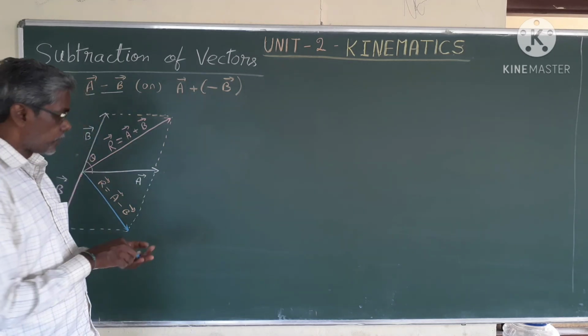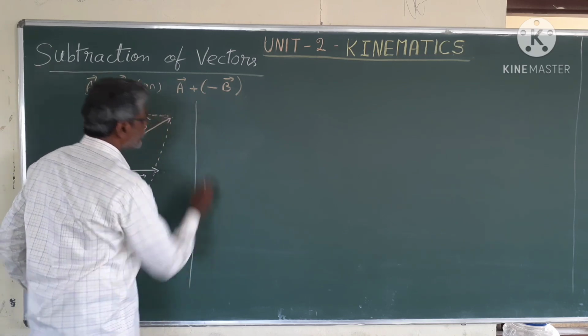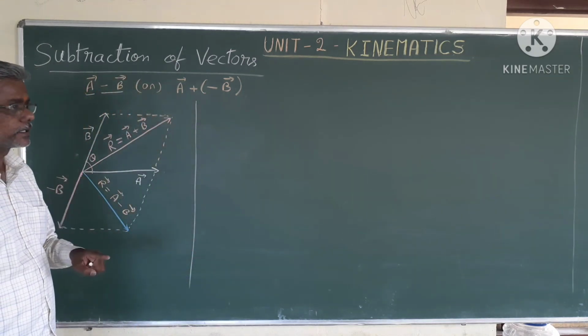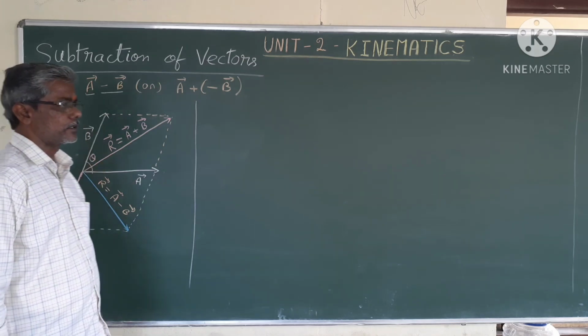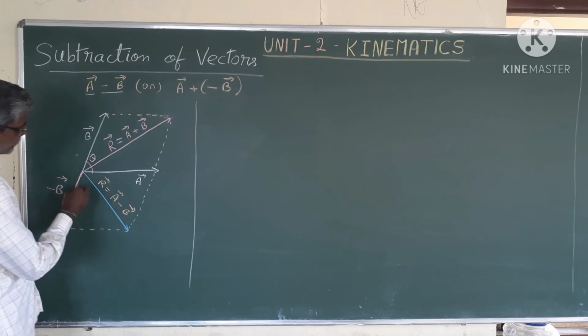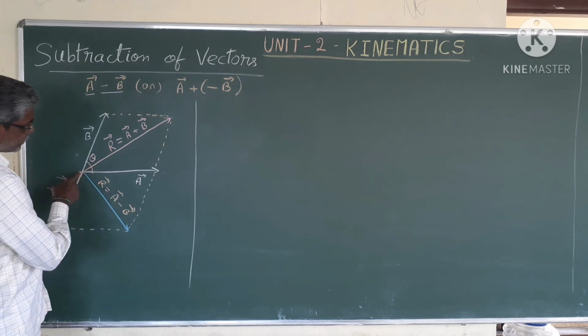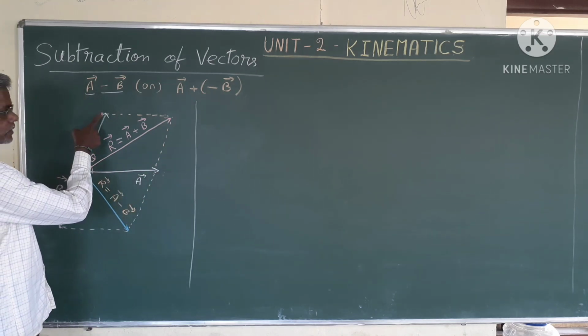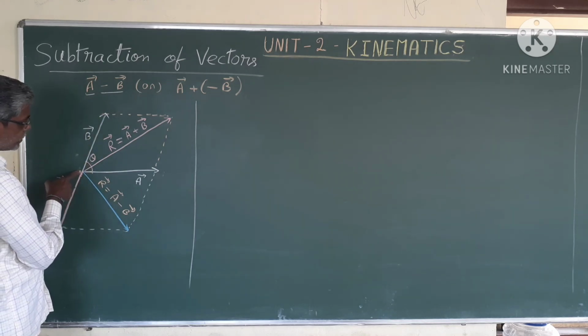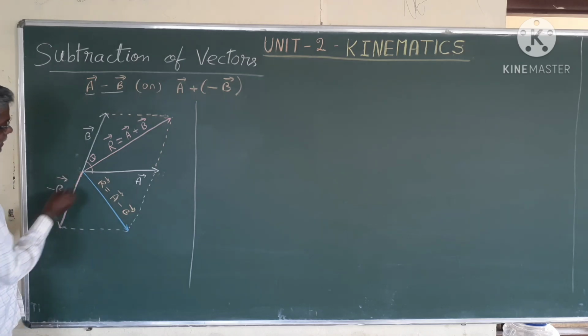Now we will find out the magnitude and direction of the resultant vector. Here, a vector and b vector make an angle theta. Now, what will be the angle between a vector and minus b vector?